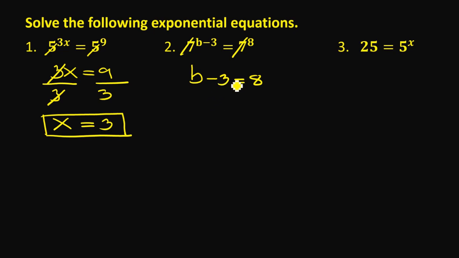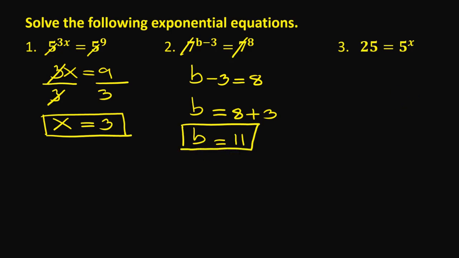We need to isolate b, so we transfer the negative 3 to the right side of the equation. So b equals 8. Negative 3 going to the right side will become positive 3. Therefore, b is equal to 11.